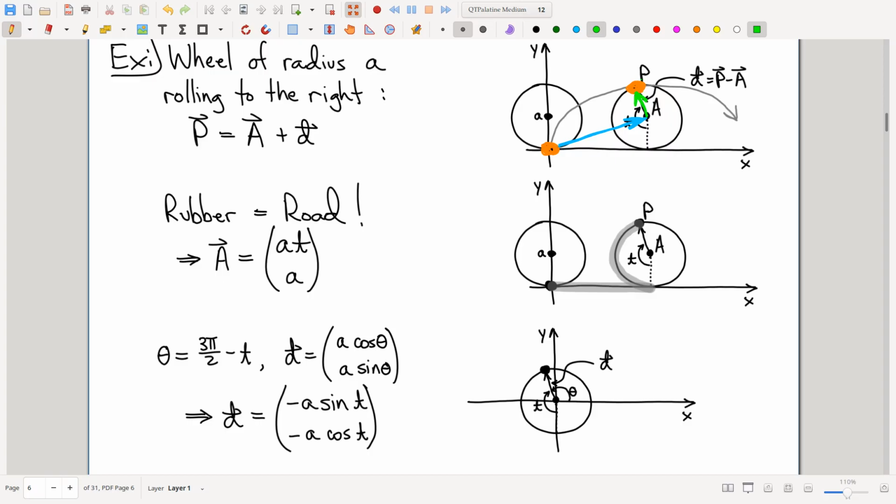So we have this complicated thing, right? The position of this orange reflector, which is making this wacky curve that's doing all sorts of weird stuff like that, is the sum of two simpler vectors.